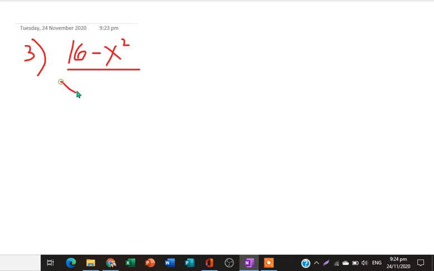Okay, then another example. Number 3 example. So if we have 16 minus x squared over x squared plus 2x divided by x minus 4 over x squared minus 4.